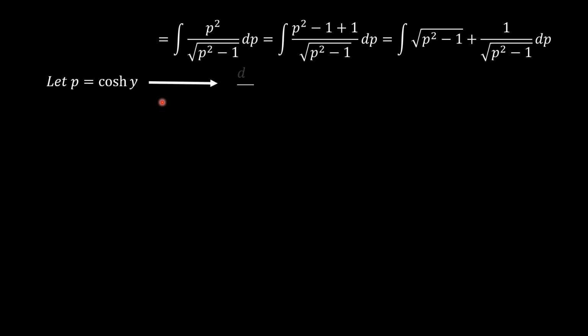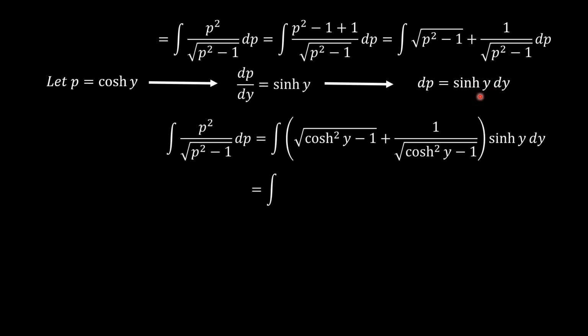So let p be equal to hyperbolic cosine of y means that dp/dy is hyperbolic sine of y. And that means that now we can say that dp can be substituted by hyperbolic sine of y dy. And that's what we've done here.